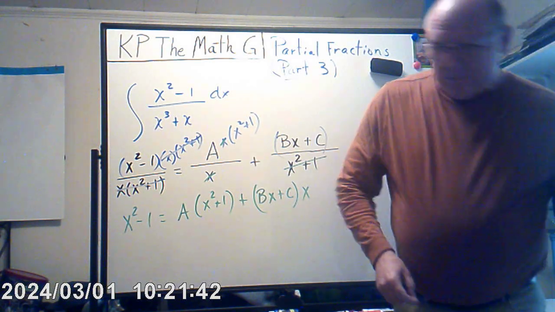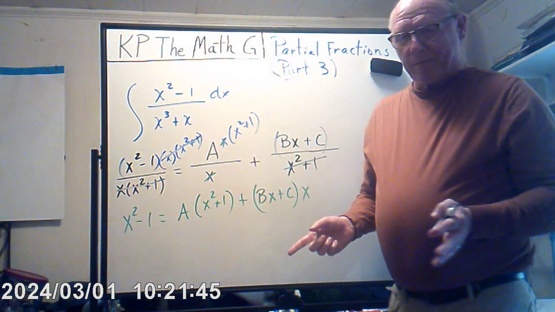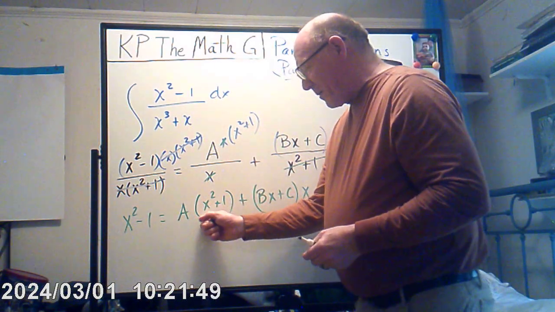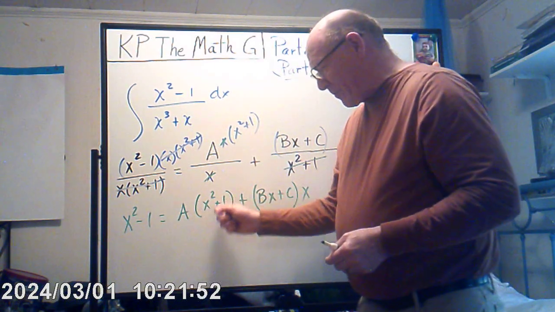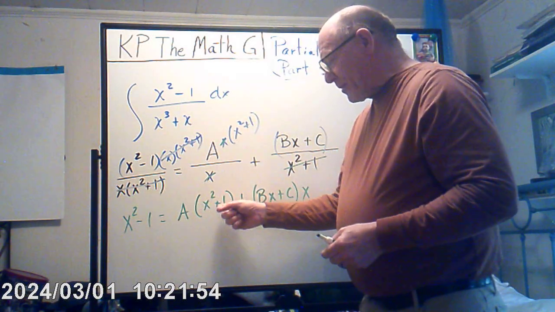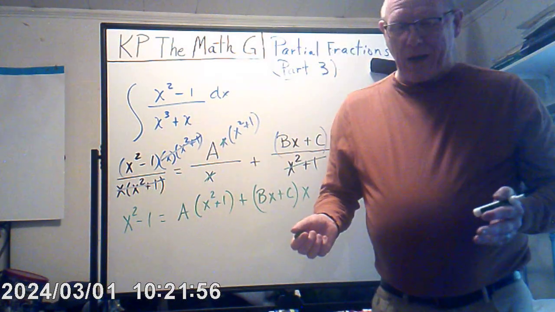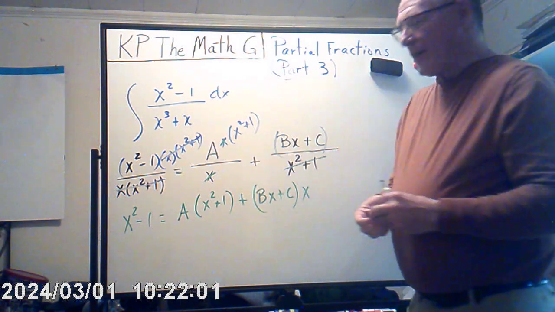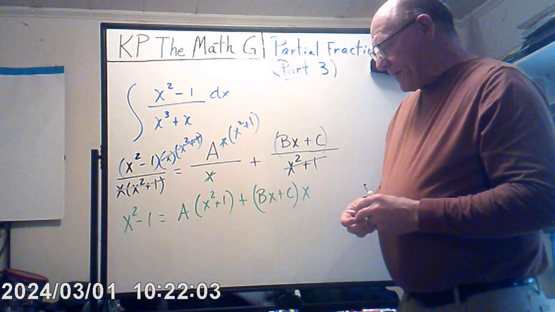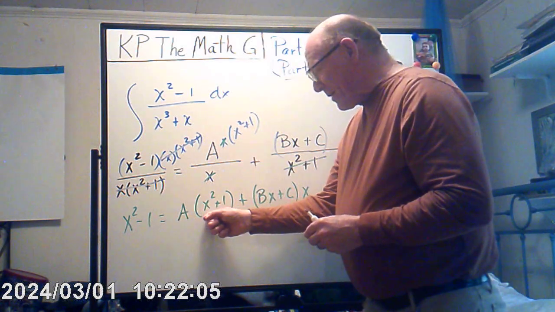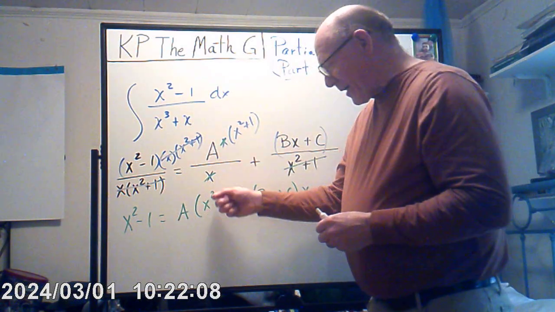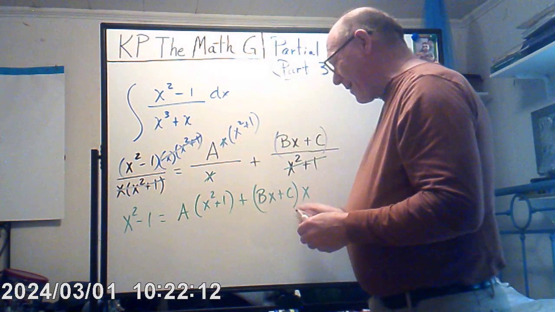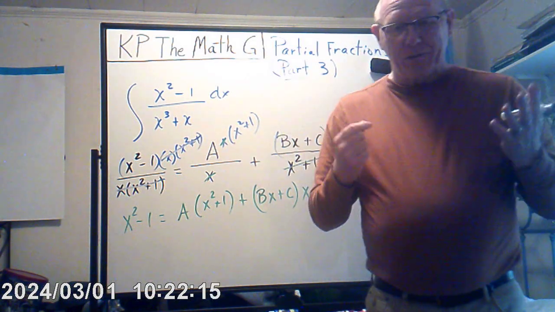Let me show you this method then. Since we cannot find a number that we can square and add 1 to, well, an imaginary number, i squared would be just fine, because i squared is -1, and -1 plus 1 is 0. But we don't want to put i in all this. We want real number solutions here.